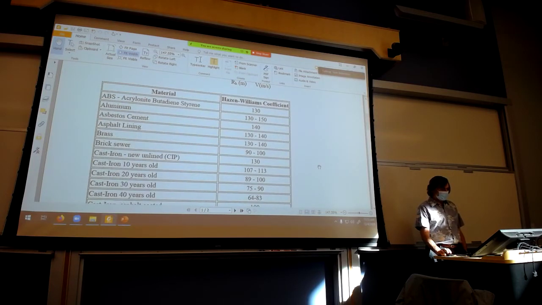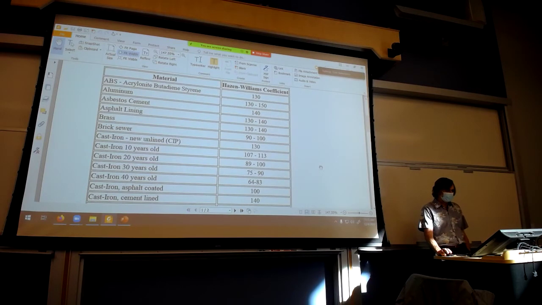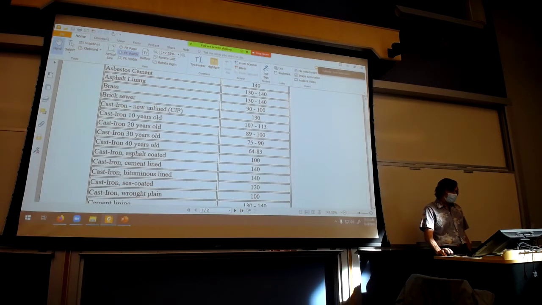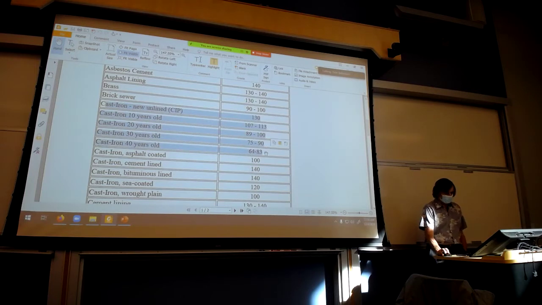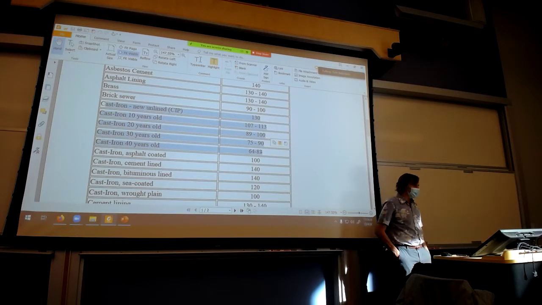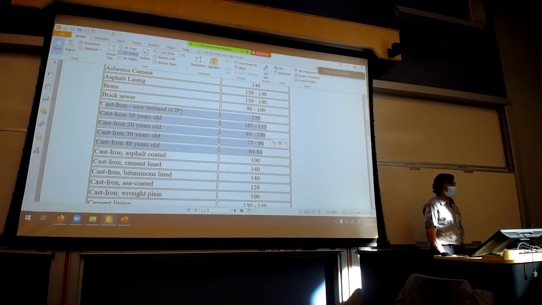And what I want to get to is on the rest of this handout, on this page and the next, you see Hazen-Williams roughness coefficients. The interesting thing, if you look on these rows where you have cast iron pipe of different ages, from new to 40 years old, is that as the pipe ages and the inside corrodes, which means the relative roughness is getting larger, the Hazen-Williams coefficient gets smaller.